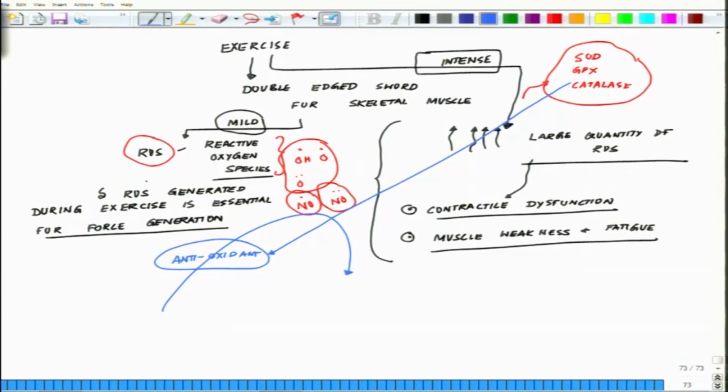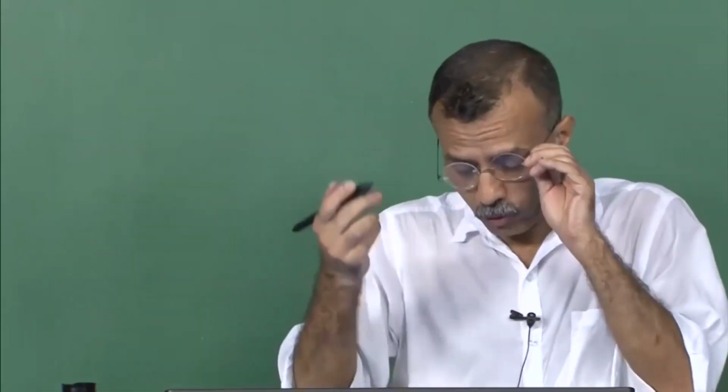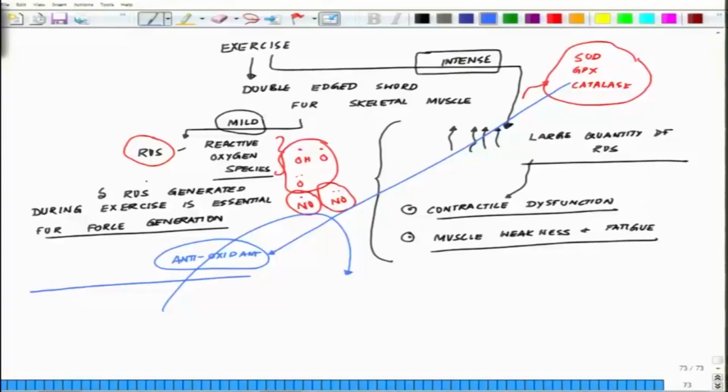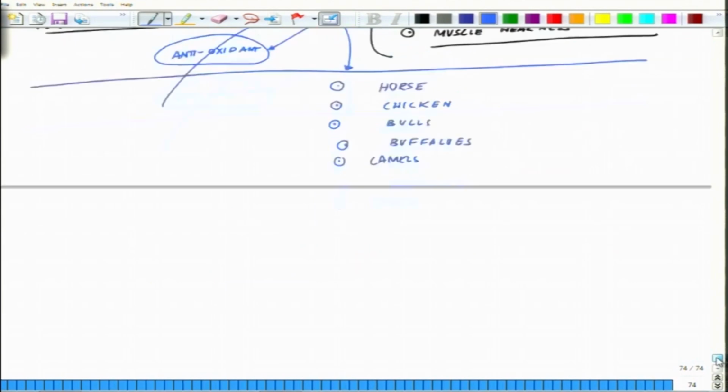And exercise biology, so those who work on horse production, those who work on chicken for meat, those who work on bulls, buffaloes, camels, where there is tremendous amount of, I'm just naming a few. Okay.